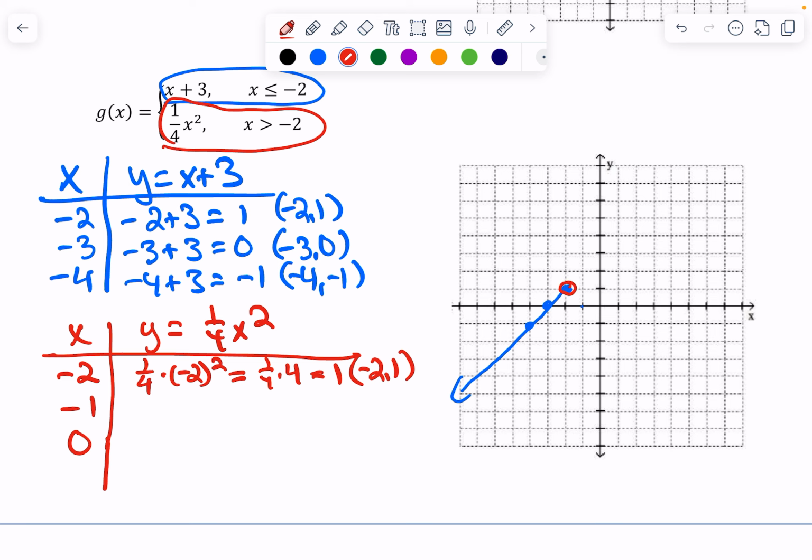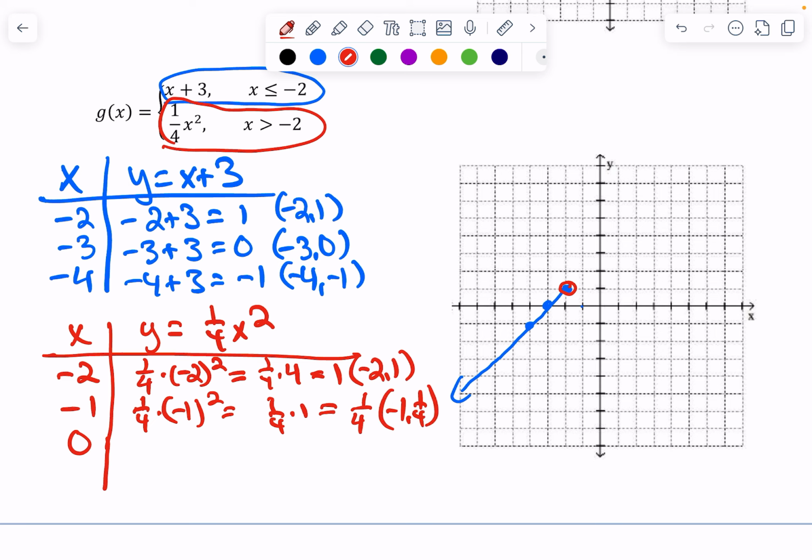Our next point is going to be 1/4 times (-1) squared. So 1/4 times 1, where did I get the negative? This shouldn't have a negative. It's a 1/4. So our point is (-1, 1/4).